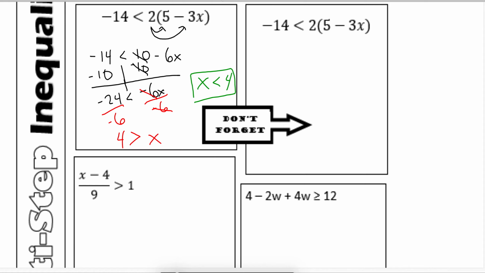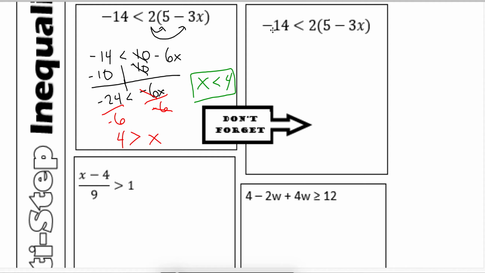Okay, let's try again. Negative 14 is less than 2 times the quantity 5 minus 3x. Well, we did that already. Don't forget, when we get to this point, I just wanted you to reiterate that we're going to divide by a negative. Let's try one thing here. If you notice, we have 2 times the quantity 5 minus 3x.